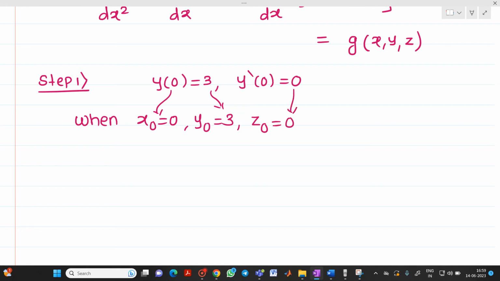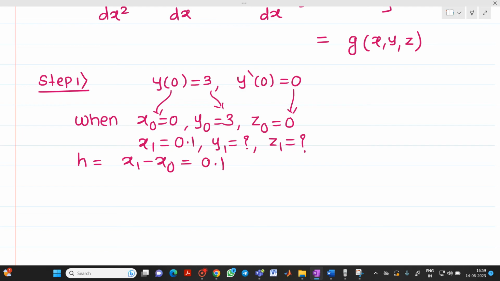Now we have to find the value of y of 0.1. So when x1 equal to 0.1, what is the value of y1 and what is the value of z1, that we have to determine. Now h is the step size, which is equal to x1 minus x0. So here we get the value of h as 0.1.